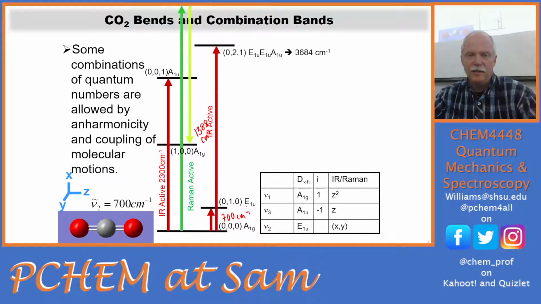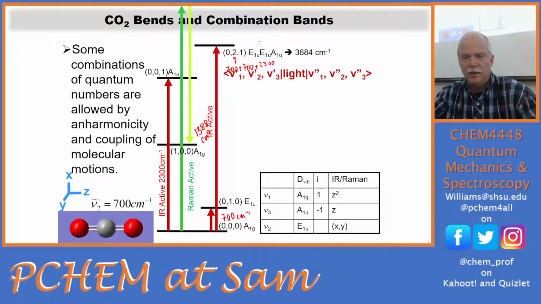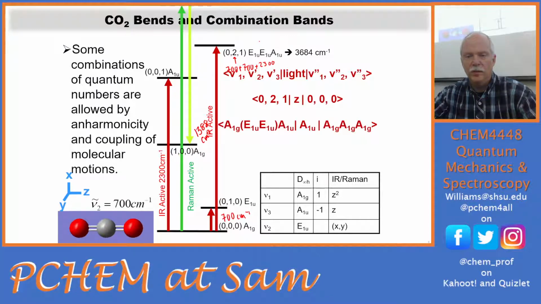And then this combination band, if we take 2 of this motion, so that's 700 plus 700, and then we add in nu3, which is 2300, we get something that's close to 3684 wave numbers.